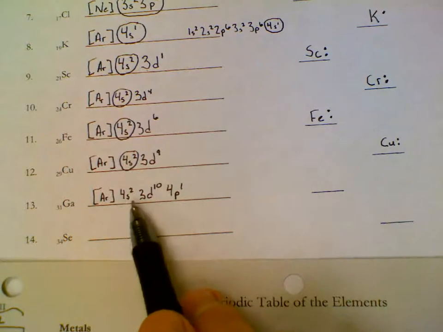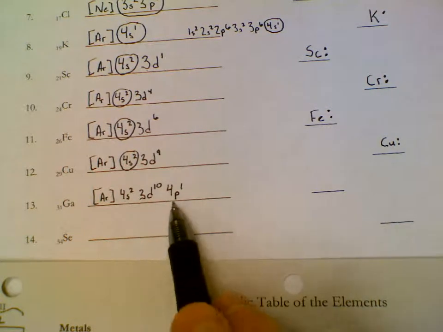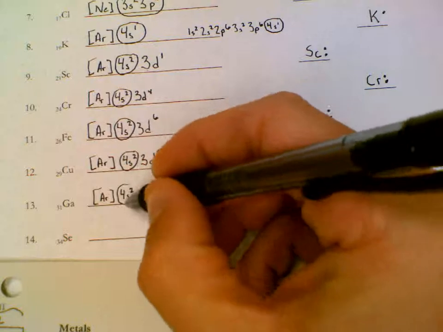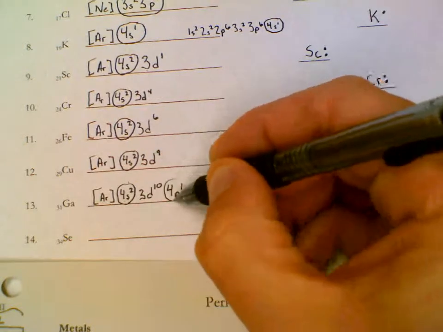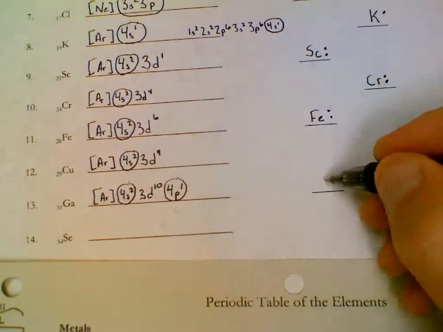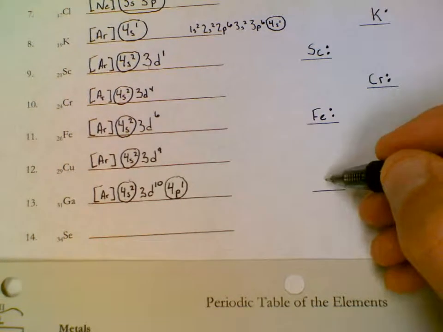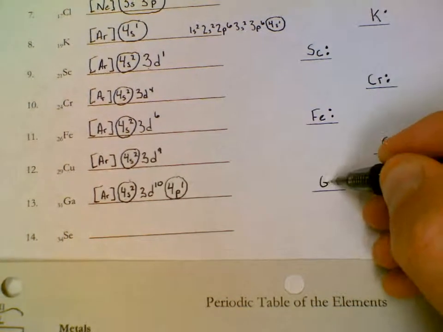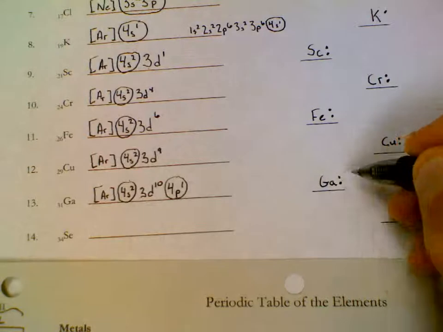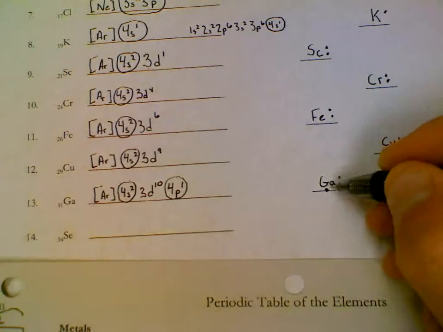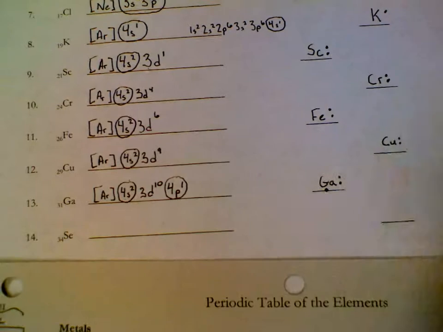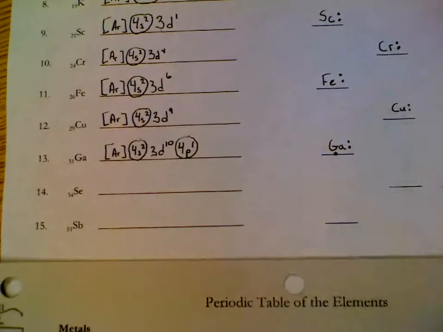We have energy level 4, energy level 3, energy level 4. 4 is the highest, so circle the 4, circle the 4. Notice we're not circling the 3d even though it's in between. Gallium has 2 dots for s, 1 p electron. It doesn't matter if it goes bottom, left, or top, but it has to go in one of those 3 spaces.